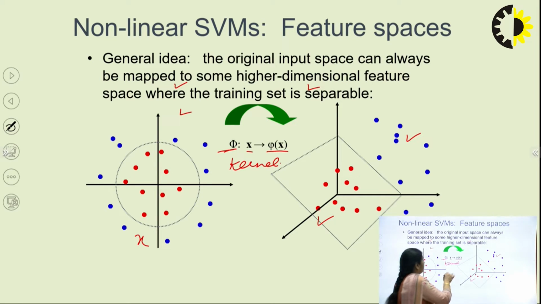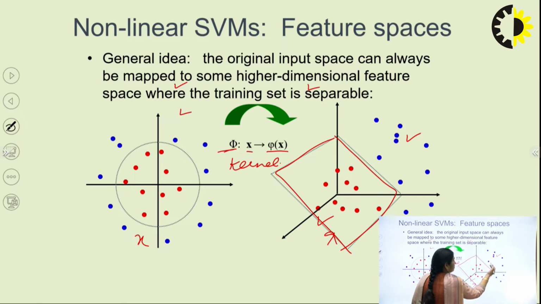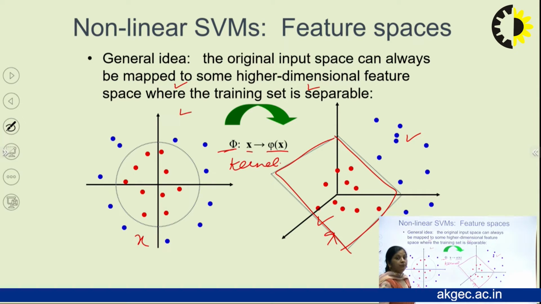Because it was not possible to classify these linearly, we have mapped it to high dimension and used a hyperplane here. Now, we can see that this plane is dividing these into two different classes. This is one example of non-linear SVM.